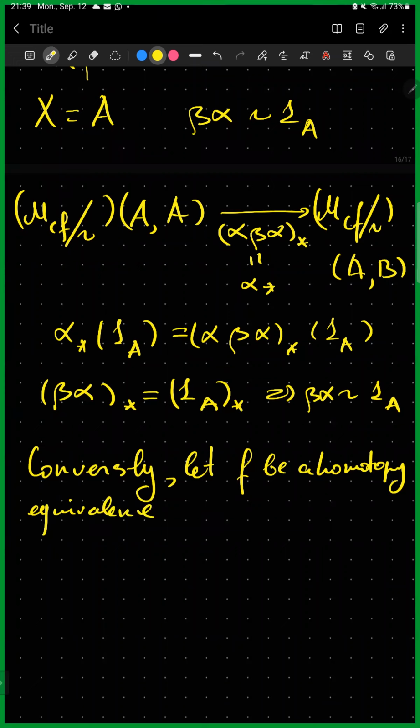We want to see that F is in fact a weak equivalence. So we factorize F as a trivial cofibration followed by a fibration, and we want to show that P is in fact a homotopy equivalence.